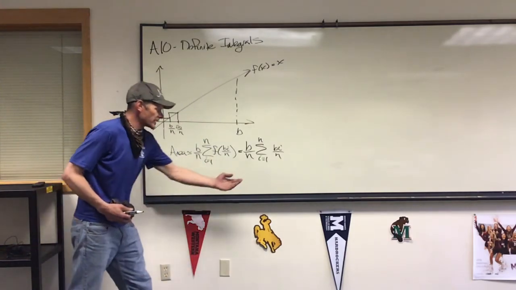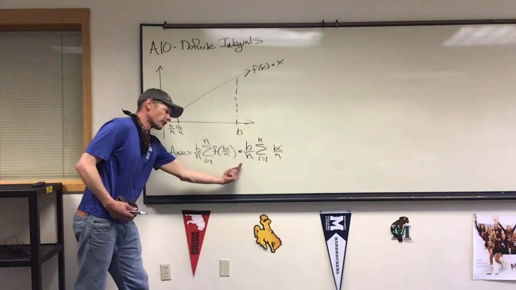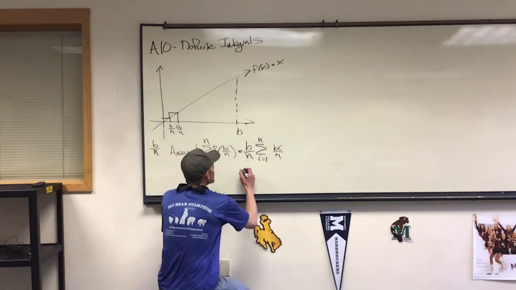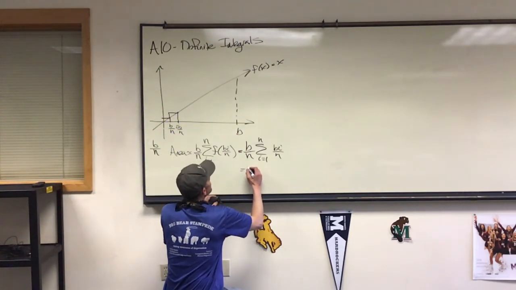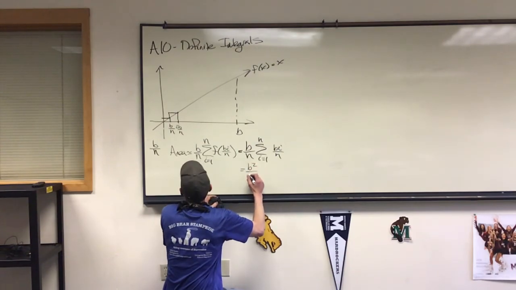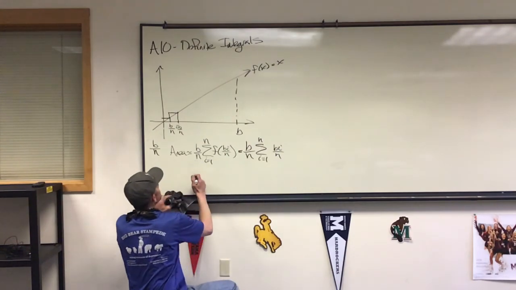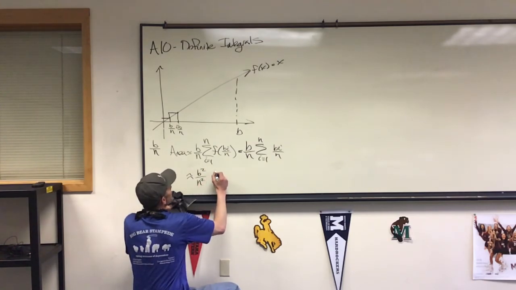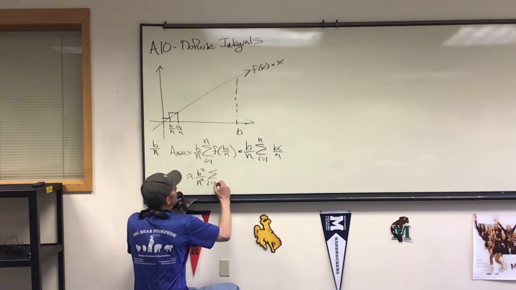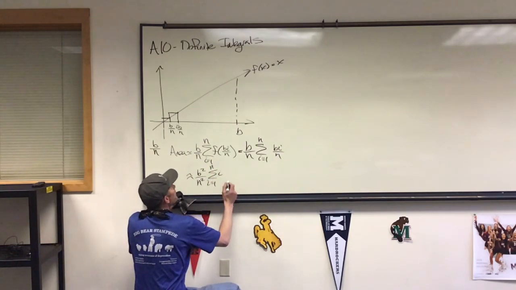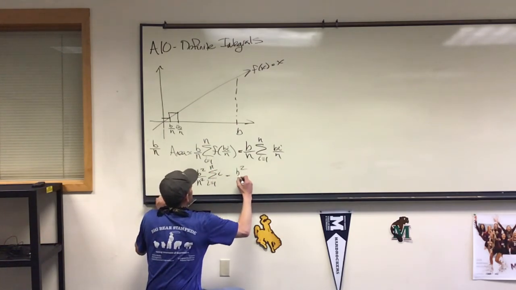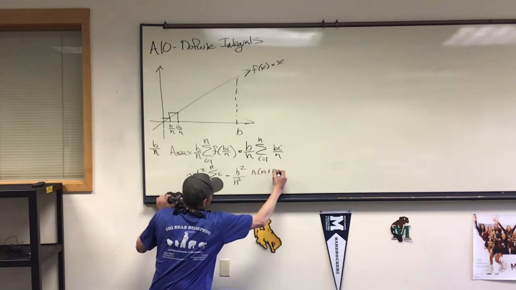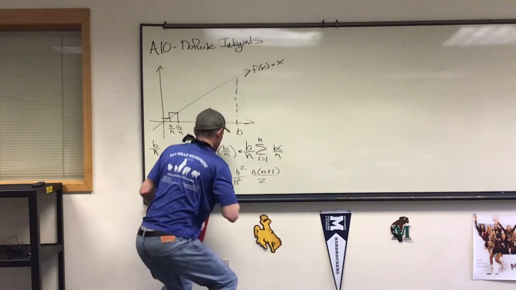Just as I did last time, I can pull this b over n out because b is just a number and n is just a number. So we have b squared over n squared times the summation from i equals 1 to n of i, but we can write that as b squared over n squared times n times n plus 1 over 2.